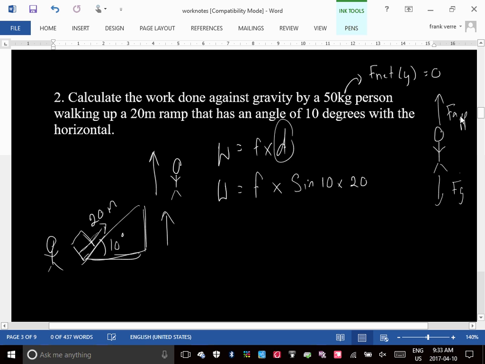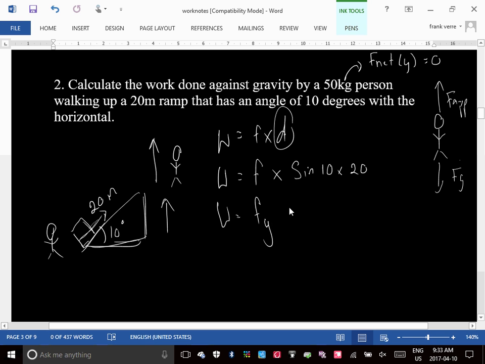Call it the applied force. Those two have to be what? So then we know what that force is. The force would be the same as the weight, but just pointing in the opposite direction. Okay, so what is that?